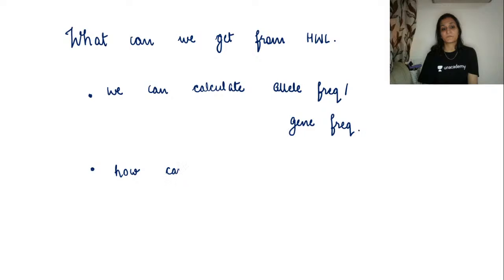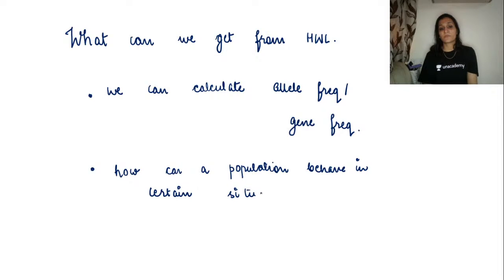How can a population behave in a certain situation? These are the things that we can make out from Hardy-Weinberg's law.